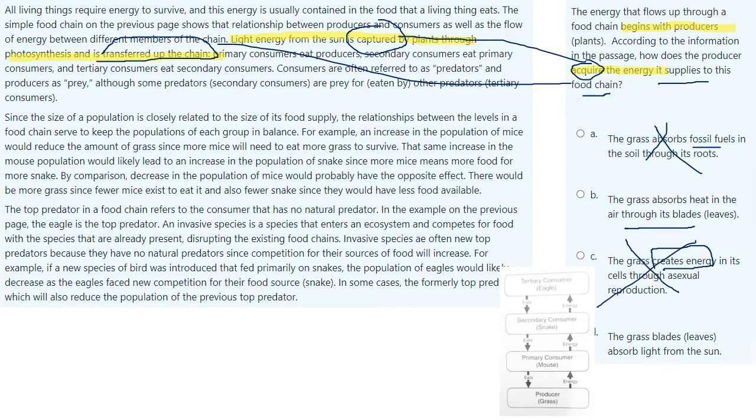It only transfers. D, the grass absorbs light from the sun. So you might think that B and D are very similar. We have one about absorbing heat energy, and we have one about absorbing light energy. But the passage says light energy. So the correct answer is D.